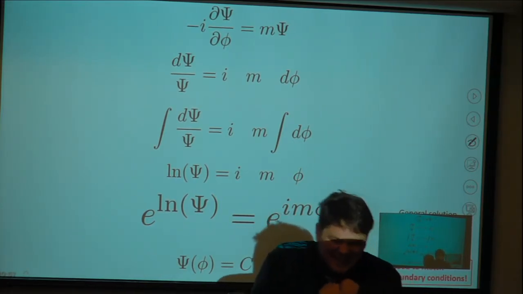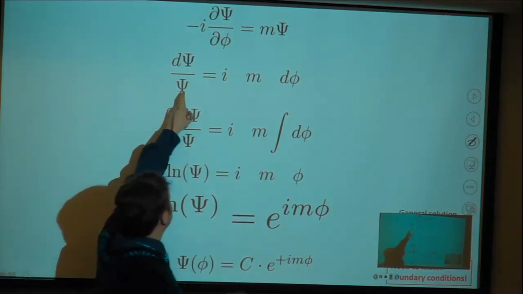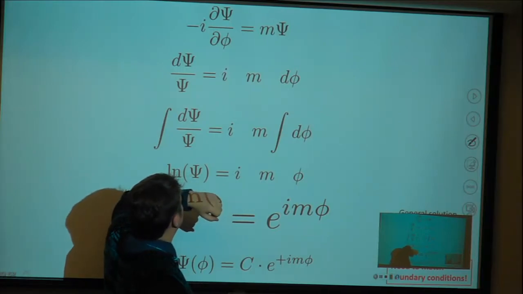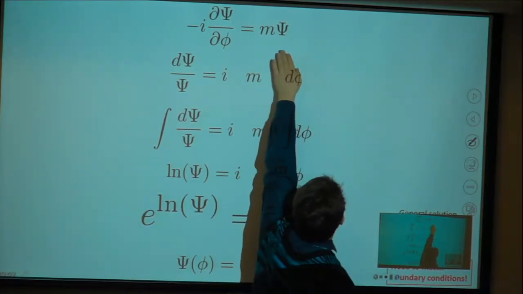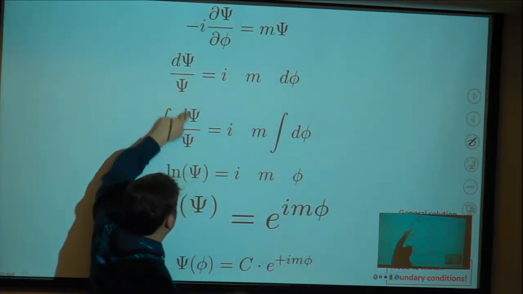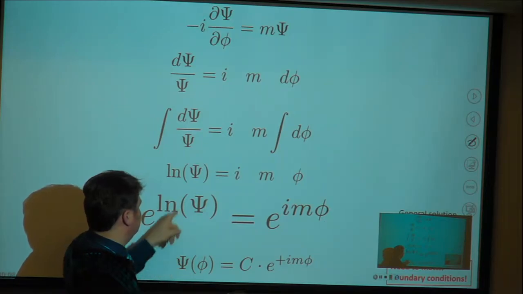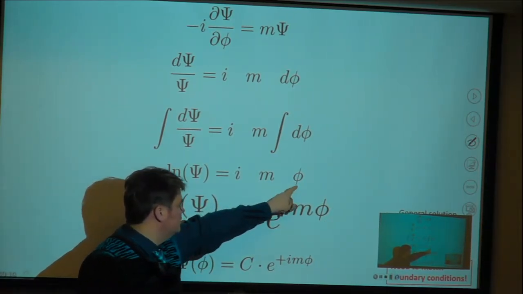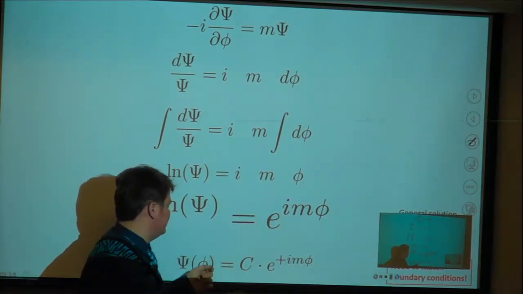Then I can skip the whole line. So there is the independent variable phi. We put it on one side, we put the known function on the other side, and we take integrals, and then the logarithm equals the independent variable, and then we put this stuff as a power of the exponential.